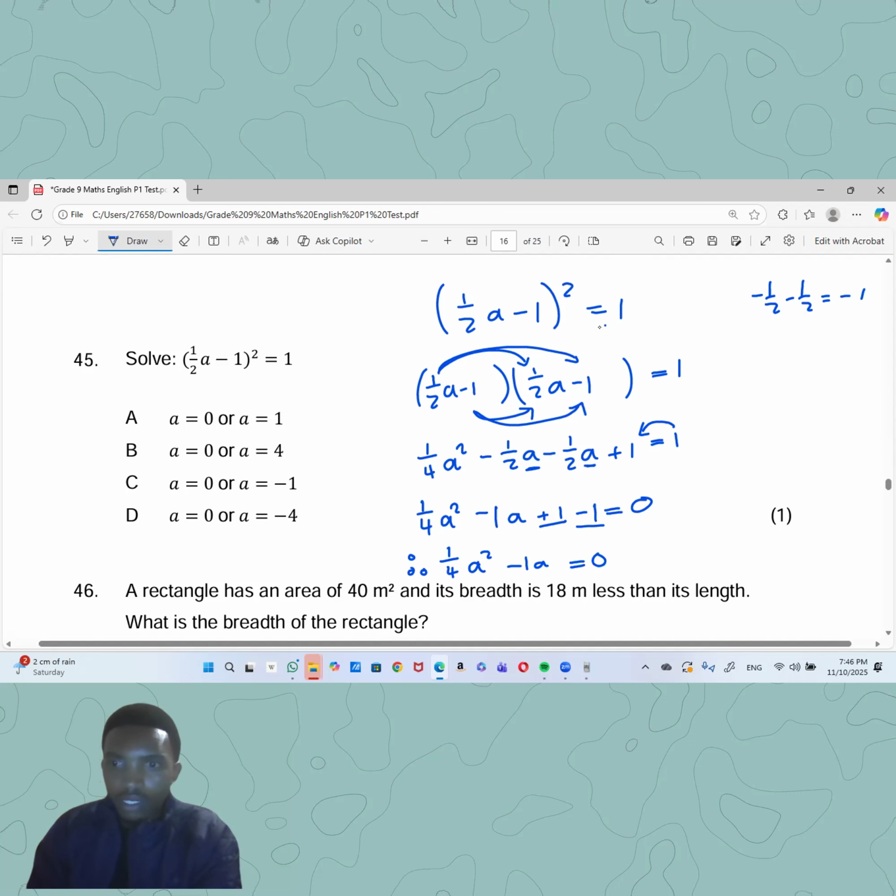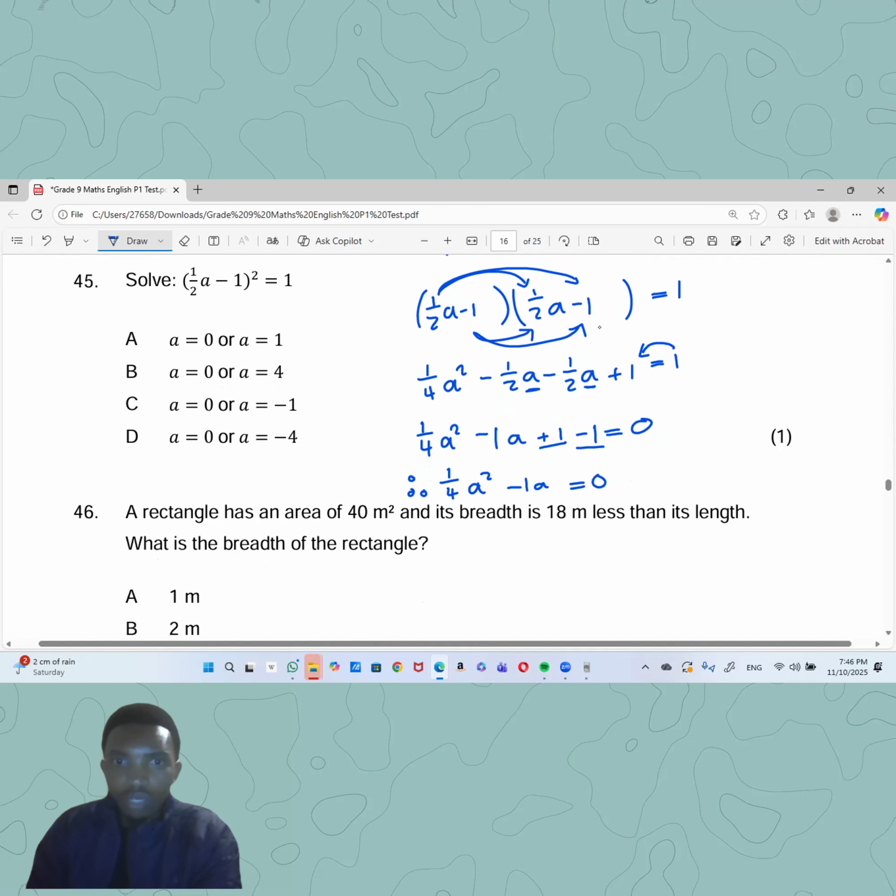And then moving on here, do you have any common factors at this point? Do you have an a at this side and that side? Yes. So we take a out. We are then left with 1 over 4 a minus 1, and then we have it equal to 0.